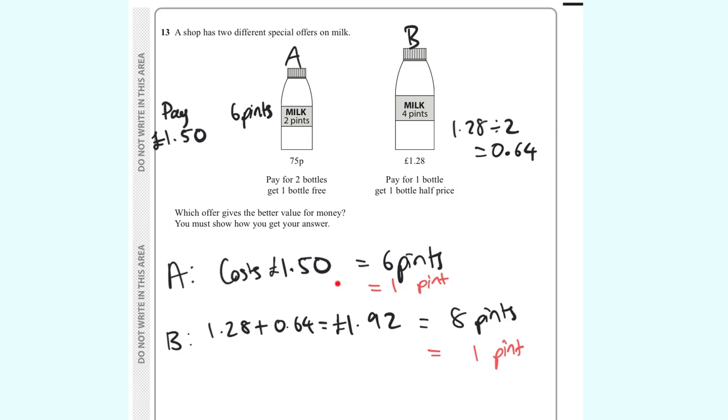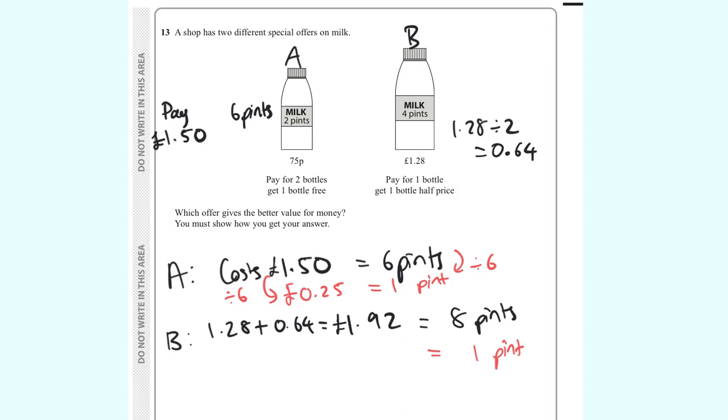Alright, so for this top one, we're going to be dividing it by 6. Alright, divide it by 6, so that's £1.50 divided by 6, which is 25p. Okay, 0.25 pounds. Okay, for 1 pint.